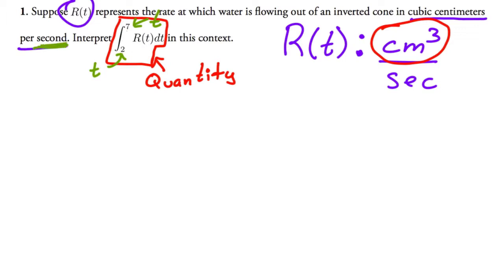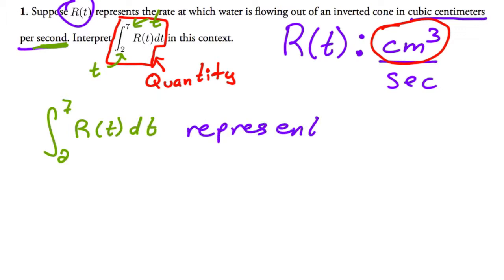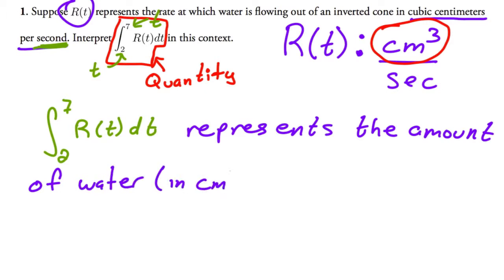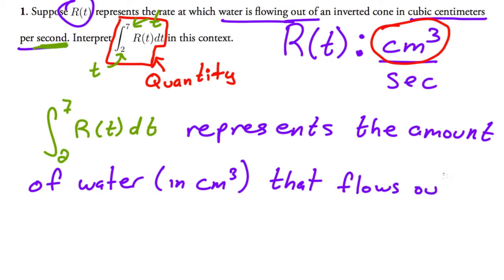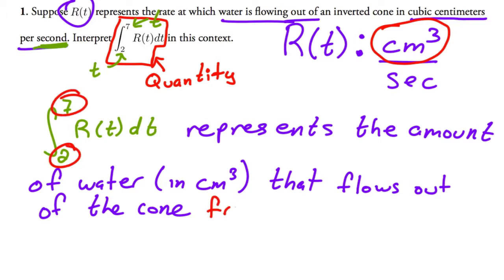So the interpretation is that the integral from 2 to 7 of R of t dt represents the amount of water in cubic centimeters that flows out of the cone, and then that's where you bring in the limits of integration: from 2 to 7 seconds.